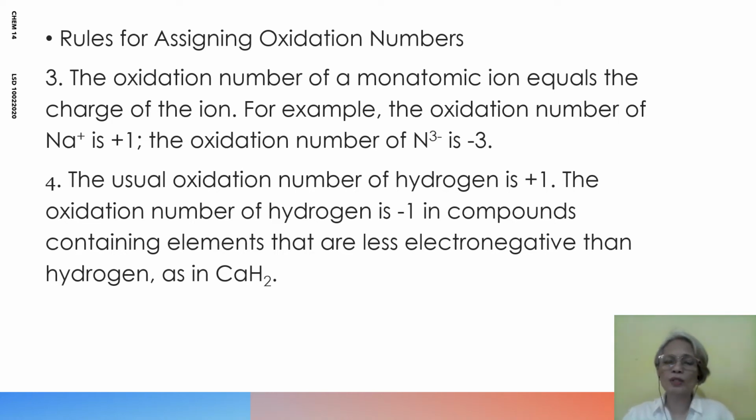The oxidation number of nitrogen is -3, nitrogen being a member of group 5, so it needs 3 electrons to follow the octet rule. The usual oxidation number of hydrogen is +1, as I mentioned earlier, but in some cases it's -1.